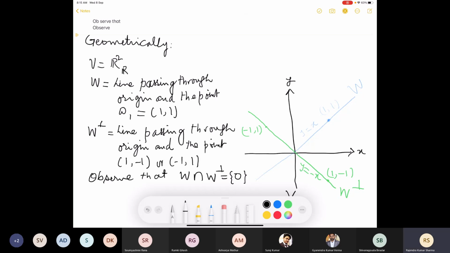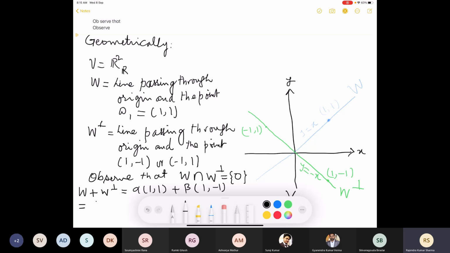You can also see that when you sum up W plus W orthogonal, every element would be a sum of an element from W and some element from W orthogonal. So some element of W will be alpha times 1, 1 plus beta times 1, minus 1.